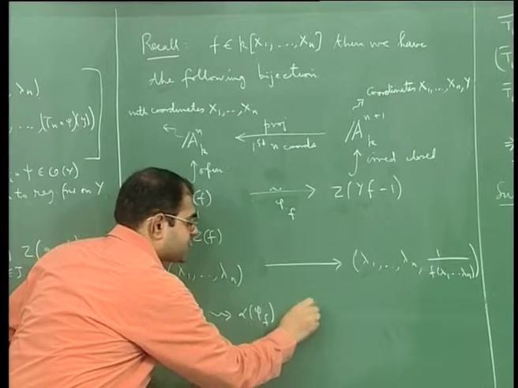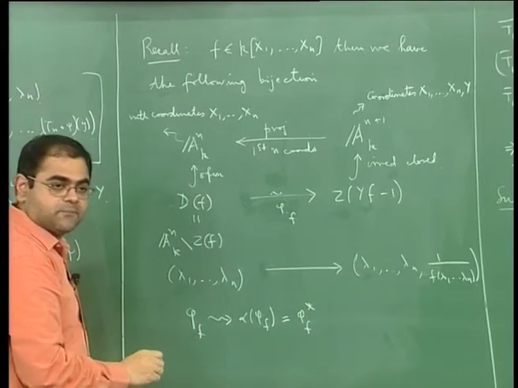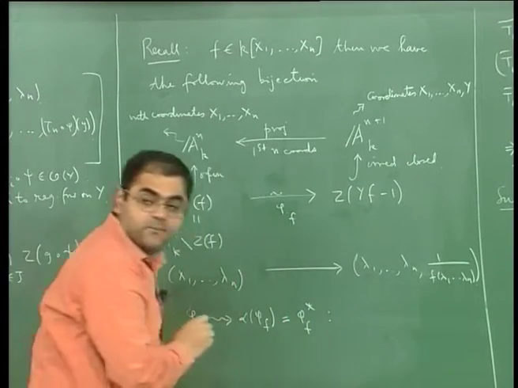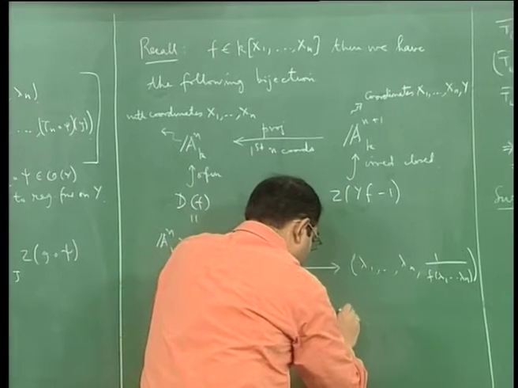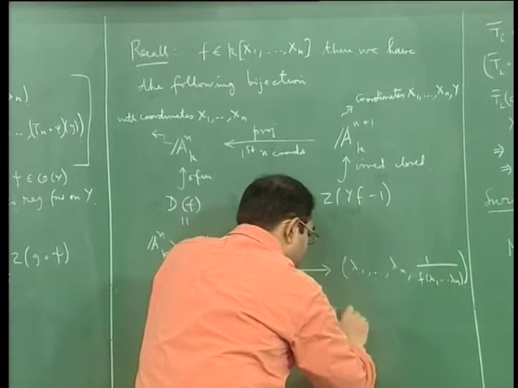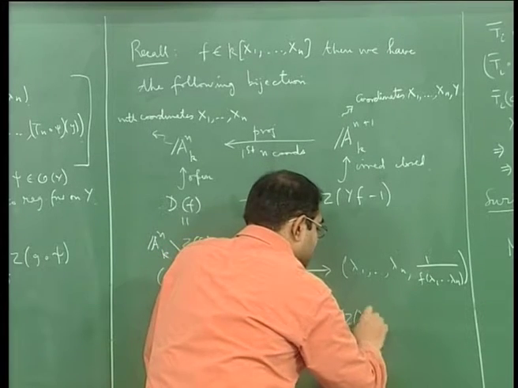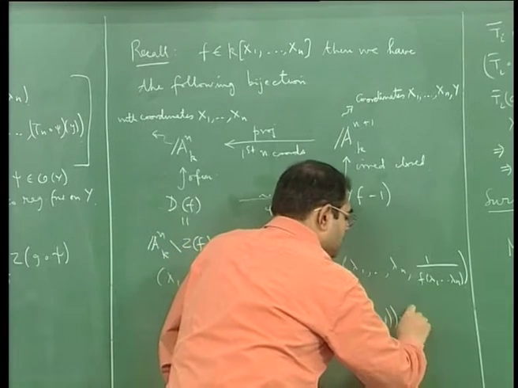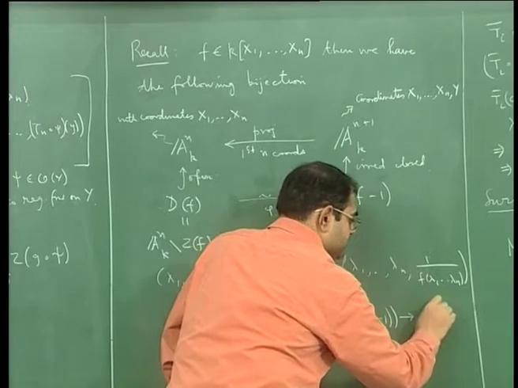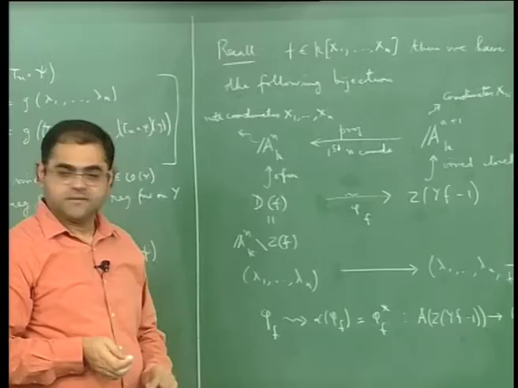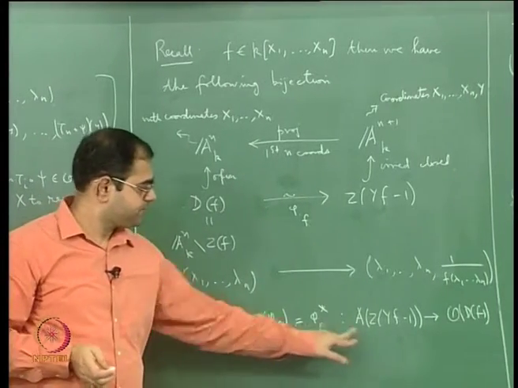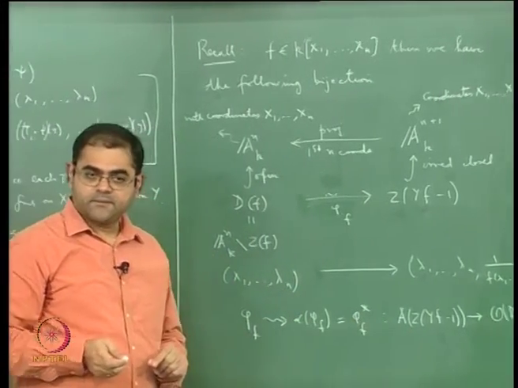It is phi sub f star, it is a pullback map. And what is a pullback map? It will go from the regular functions on the target, so it will go from A of Z of yf minus 1 to the regular functions on the source. This is what you will get. Okay, this is the pullback map.